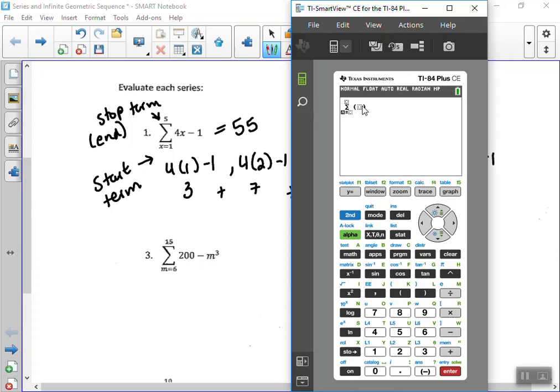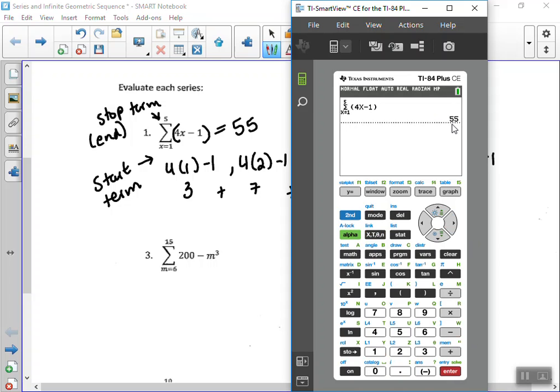The only thing that the calculator has that my worksheet doesn't have is the parentheses. You have to make sure everything you plug in is inside of this parentheses. Okay? So now here I'm just going to put x, and then the 1, scroll up to 5, and then just plug this in. 4x minus 1, and I should get 55 if I did everything correctly.